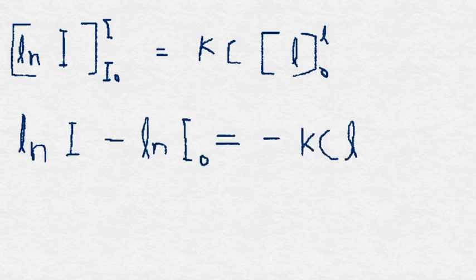We can rewrite the above equation as ln I minus ln I naught equal to minus kcl. To remove the minus sign from the right hand side, this equation needs to be multiplied by minus on both sides.